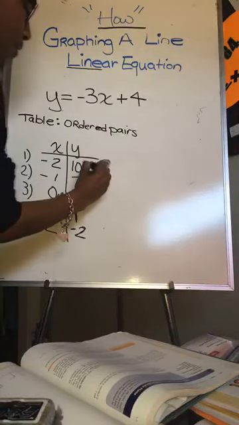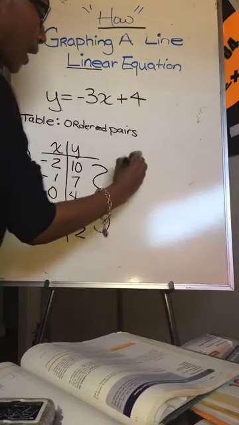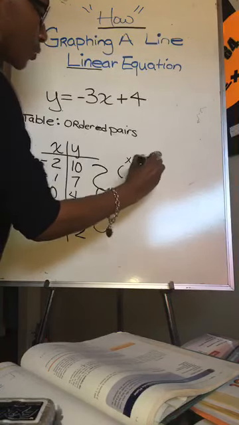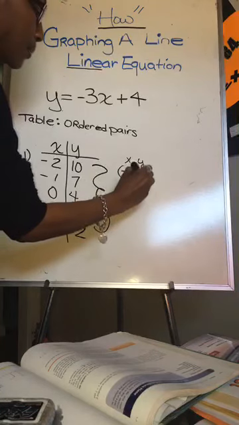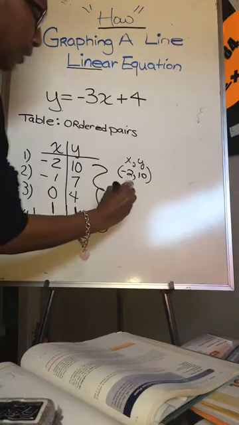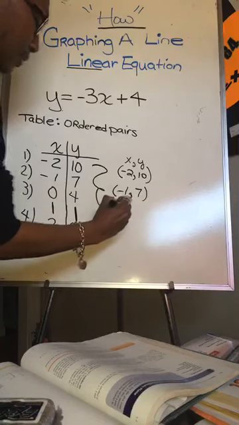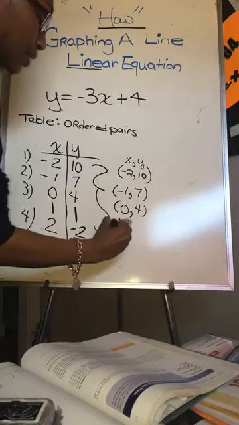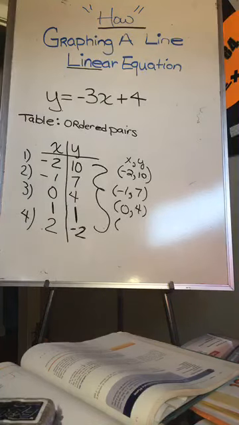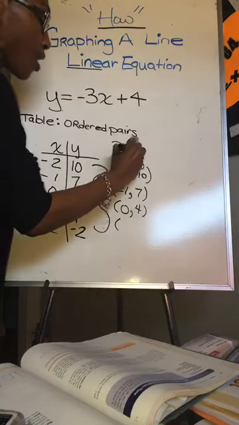Okay, so when we write our x and y values or the ordered pair or coordinates, it's -2, 10, -1, 7, 0, 4. This is how you write the ordered pairs or your coordinates, because you have to plot these. This is actually your points also.